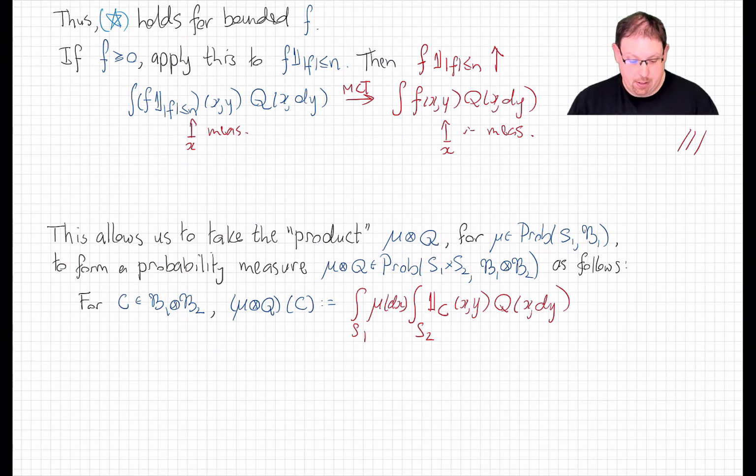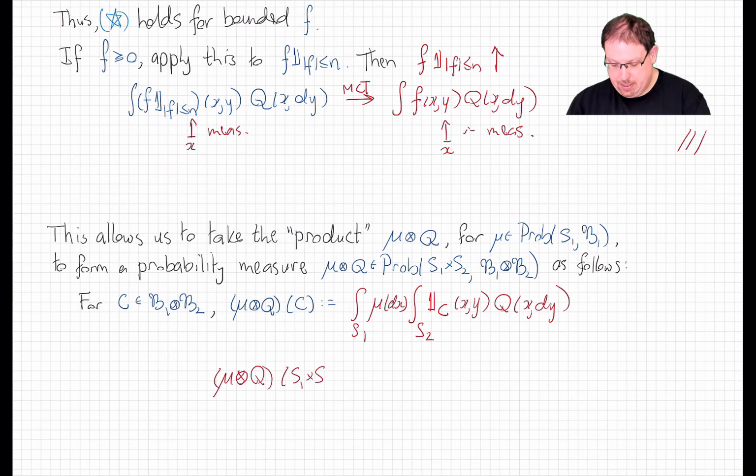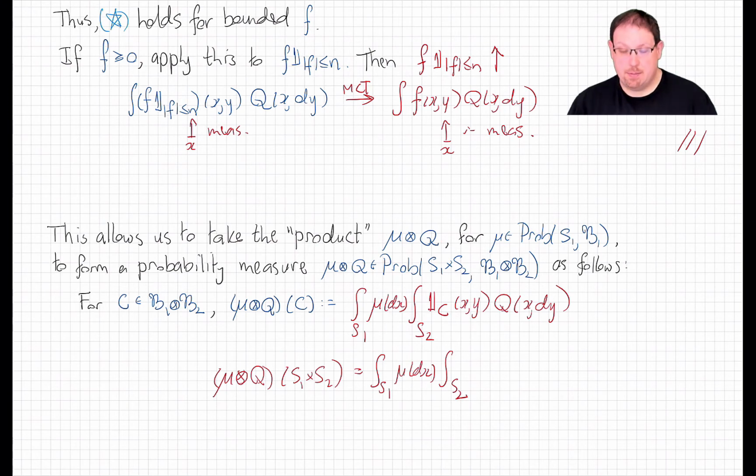And that's just because the product mu times q of the whole product sample space, S1 times S2, is by definition here the integral over S1 of mu, the integral over S2 of the indicator of S1 times S2, which just means the constant function 1, q of x dy.